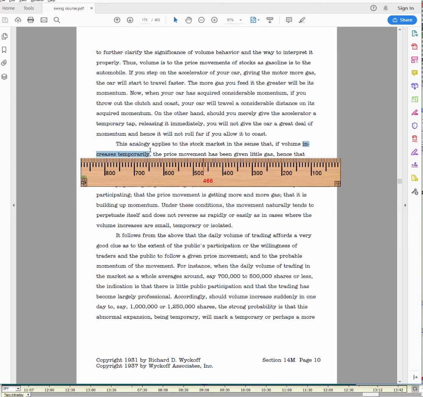A temporary increase in volume, not good, because it has a little bit of gas. It doesn't have enough gasoline. It doesn't have consistent gasoline.